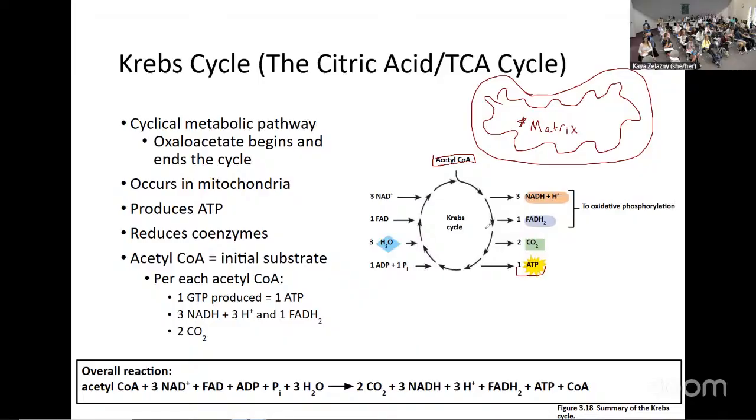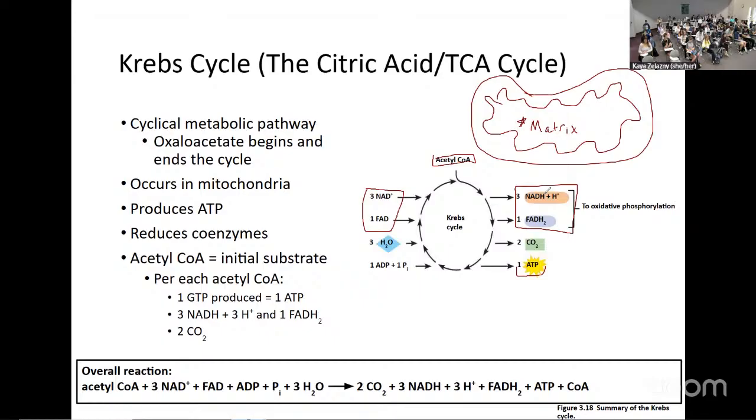The big thing that's happening here, though, the more important thing that's happening is the reduction of our coenzymes. So we are taking in a lot of NAD and also FAD and reducing them, so tacking on electrons to our shuttle, turning them into NADH and FADH2.